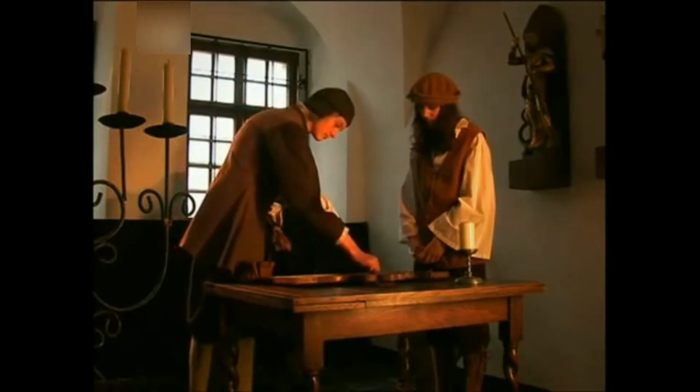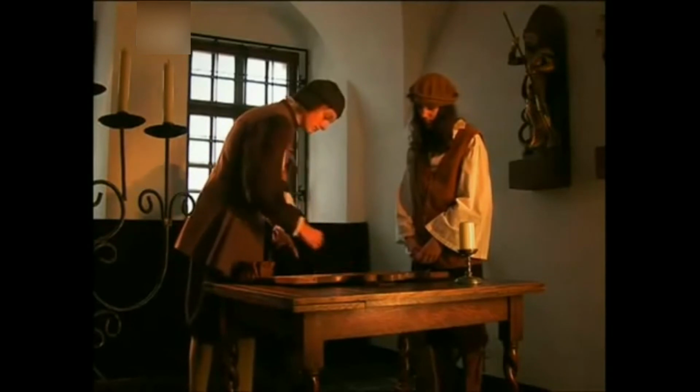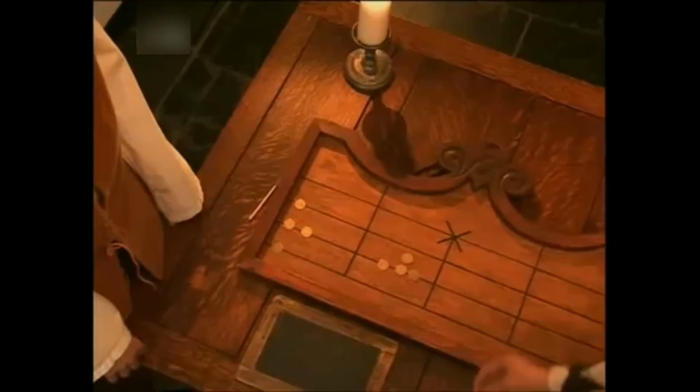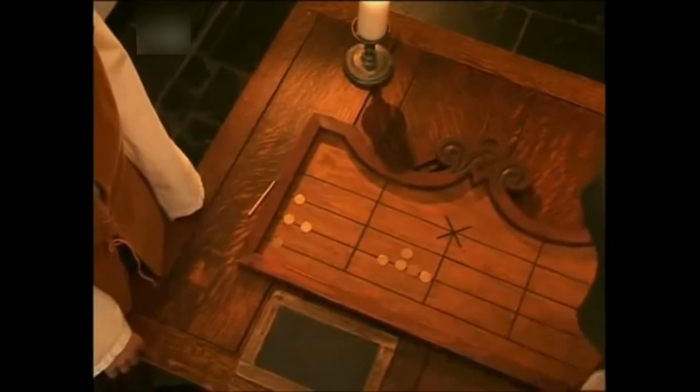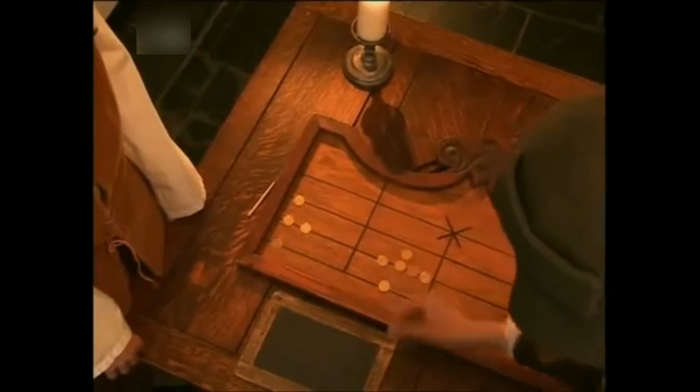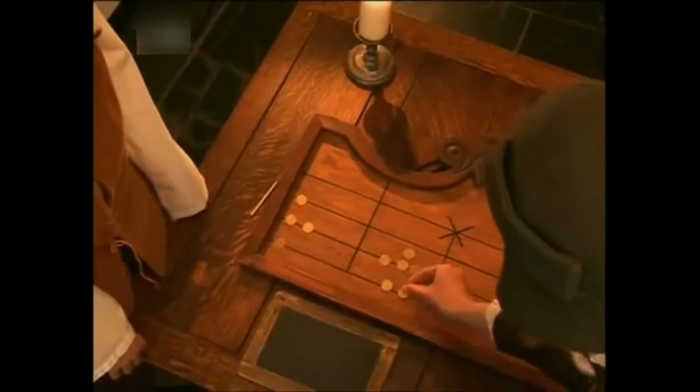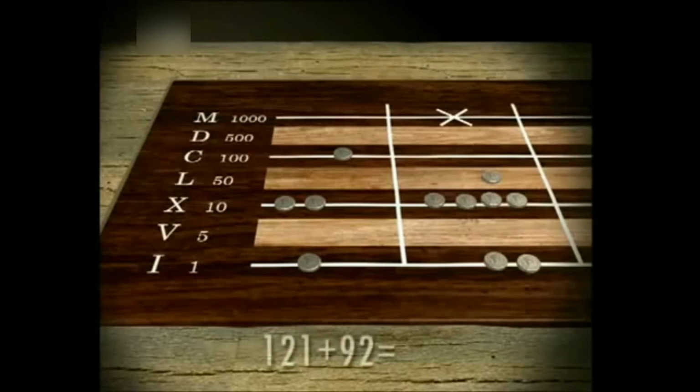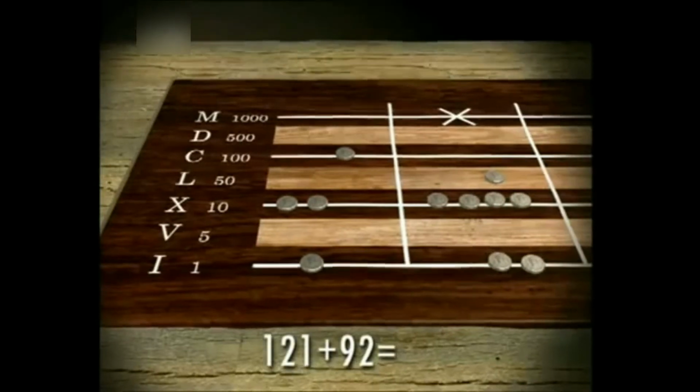To perform an addition, we add the second number to the adjacent box, for example, 92. In Roman numerals, it consists of an L or 50, 4 X's or 10s, and 2 I's or 1s. After the pennies are laid out, they're pushed across to join those in the left-hand box.